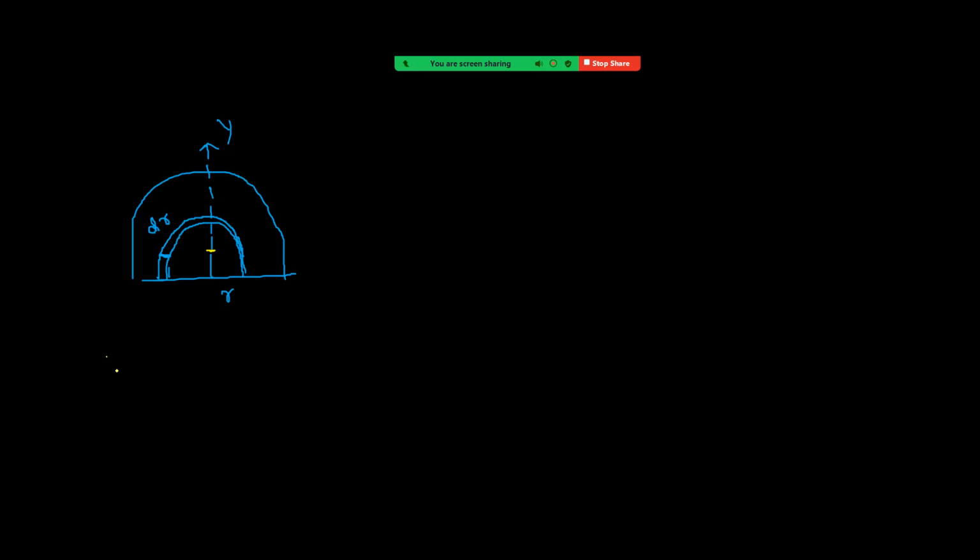So right here, YCM is equal to integral y dm upon integration of dm. In the place of y, it is r by 2 because the center of mass for a hemispherical shell is r by 2. Next, in the place of dm, mass is in the entire volume.